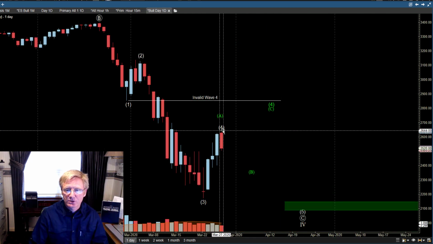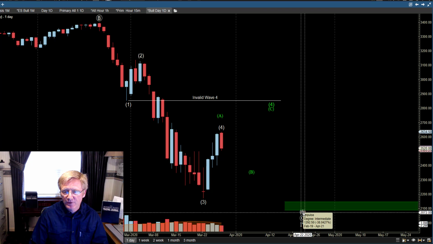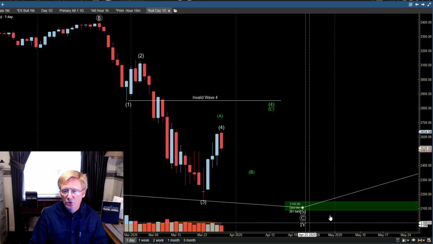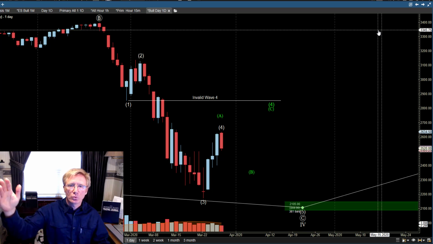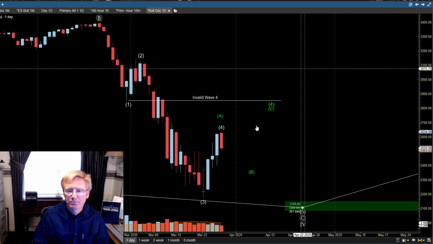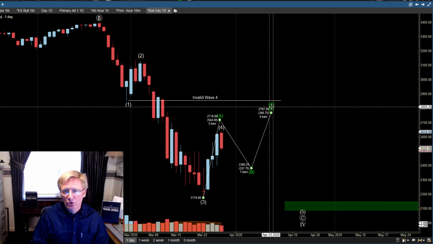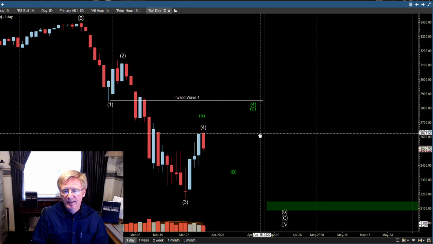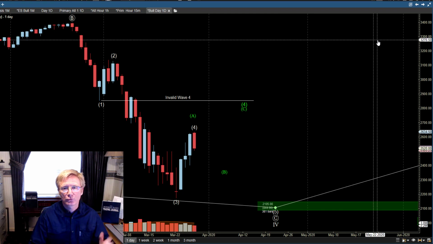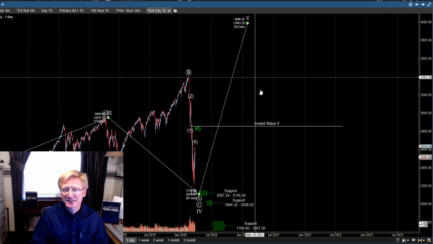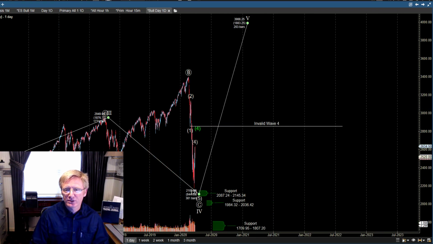Again, if this is wave 4, we're coming down for wave 5, and then we're looking to go up for one more bullish wave to end the bull run. If this is an ABC, we're looking for wave 4 to end here, come down for 5, and then go back up for the bullish run. Hopefully that makes sense. That was a long-winded way of saying I have a bull count and a bear count.